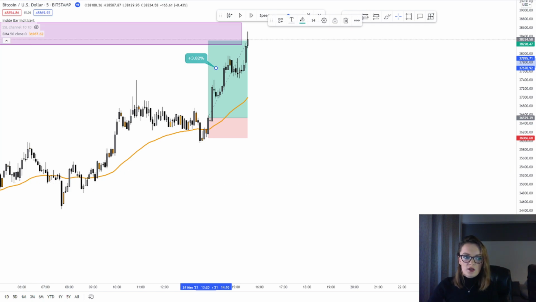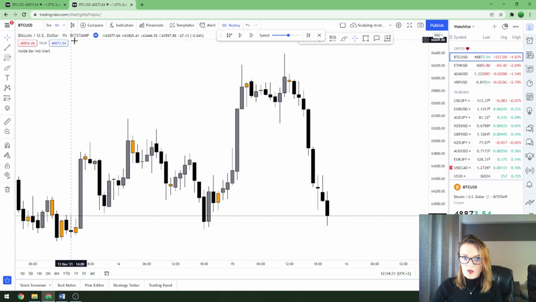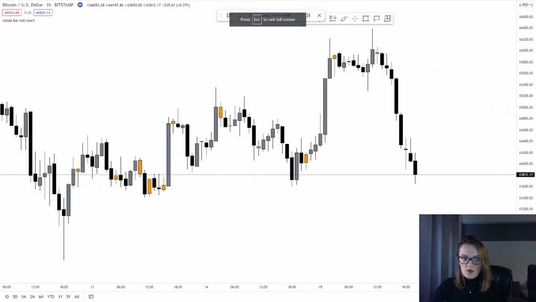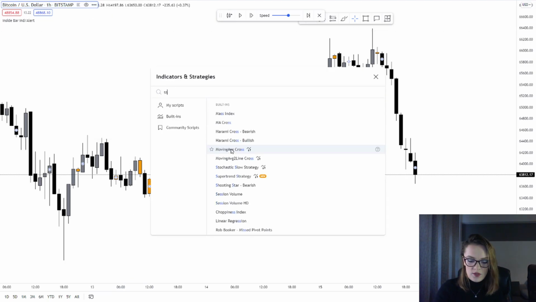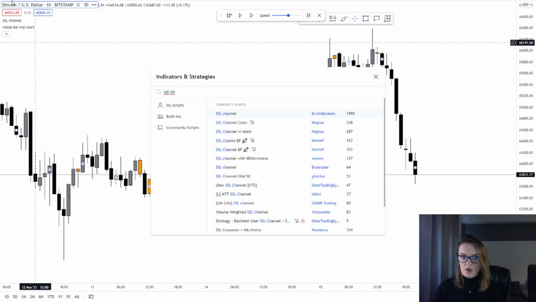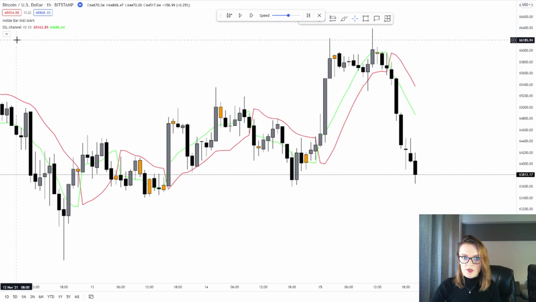And let's search now for an example, this time for a sell position. Okay, let's see what we have here. Okay, we will need again the SSL channel here, with its standard input, so no changes here.